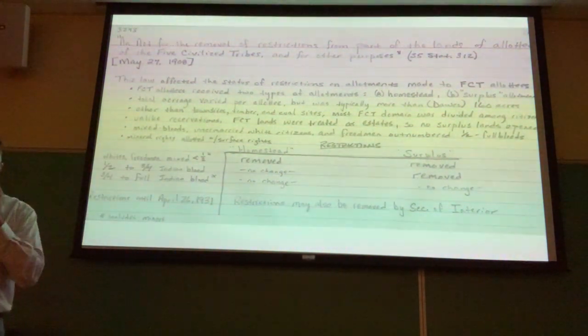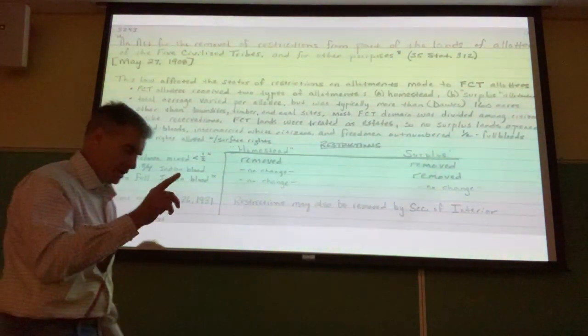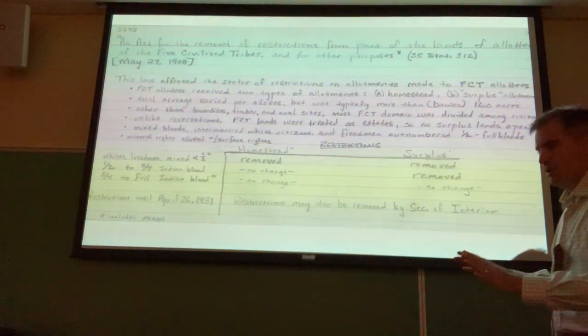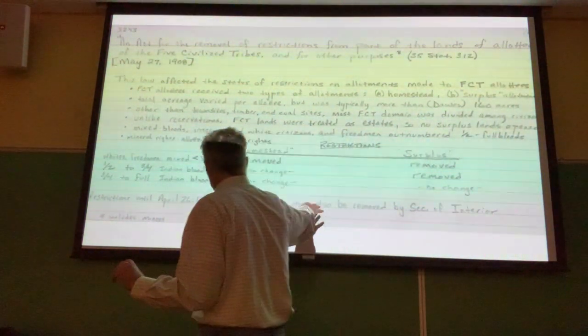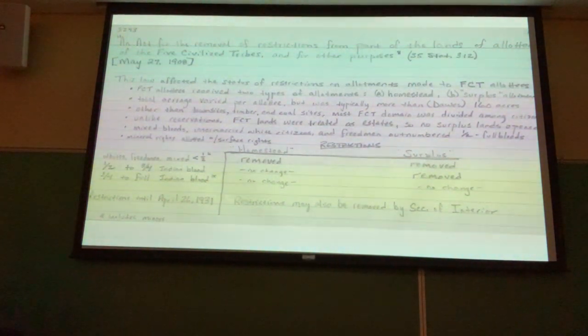And what that means is that the Burke Act moved the process of removing restrictions to the local courts. It's really important. Local courts were able to hear whether or not people wanted to have their restrictions removed. It got it out of the federal responsibility.